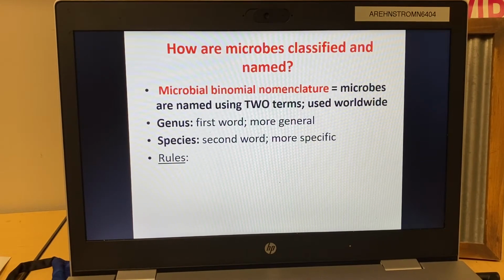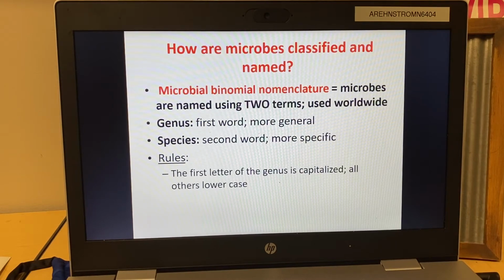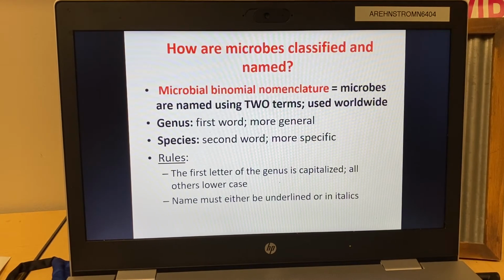So there are 2 rules when it comes to naming microbes. One, the first letter of the genus is capital, and then all other letters are lowercase. Okay, so when you see the name of a microbe, the first letter will be capitalized, everything else is going to be lowercase. Also, the name of the microbe must either be underlined or in italics.